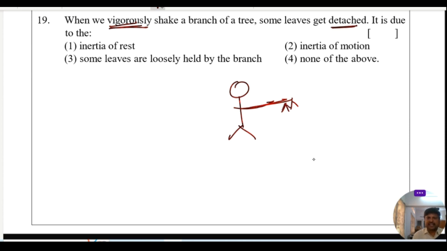When we vigorously shake, the branches are brought into motion. But this motion is not shared by the leaves, because sudden motions are not shared. Initially they are at rest, and the leaves maintain their inertia of rest. That's why the leaves are detached. It is due to inertia of rest.